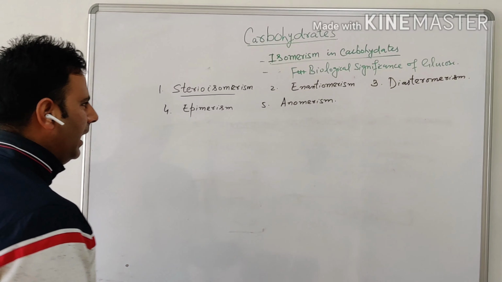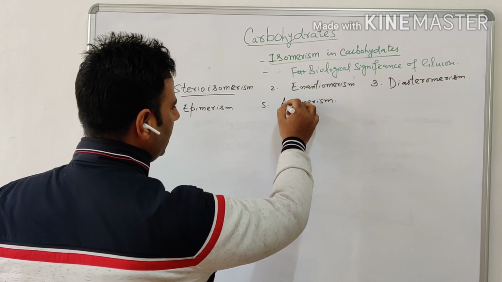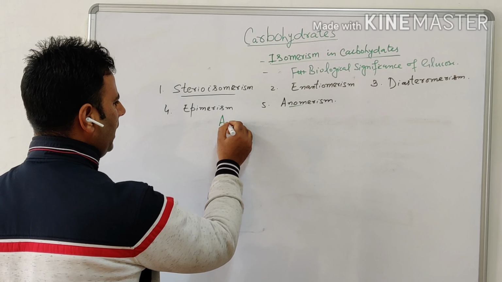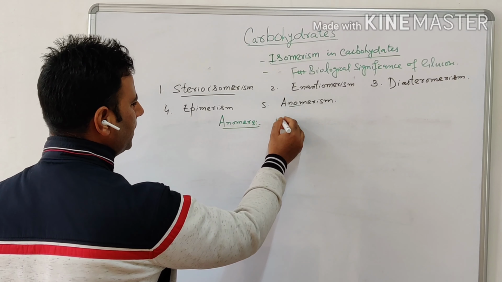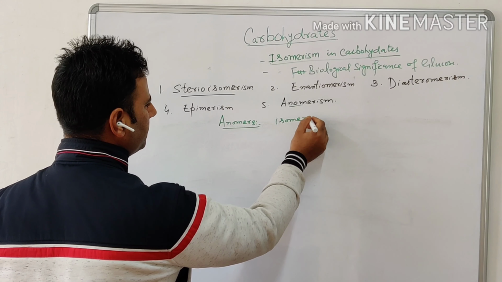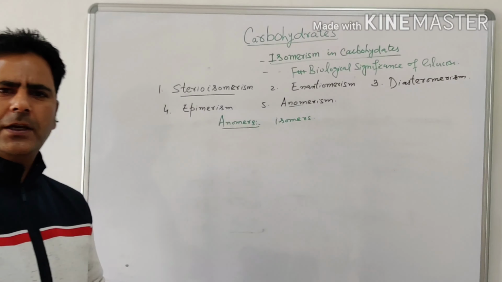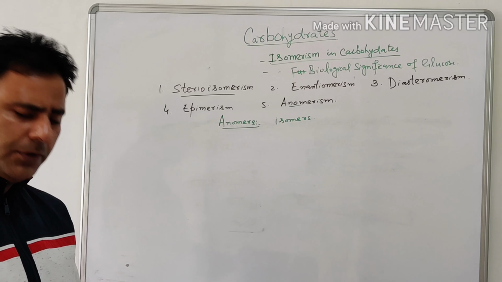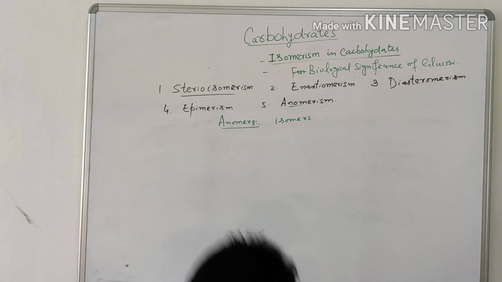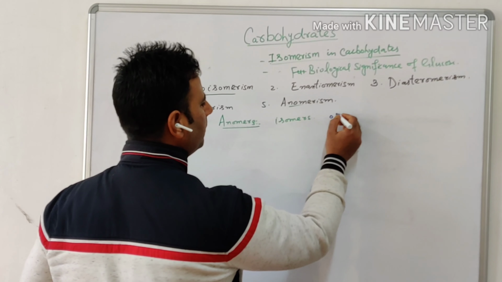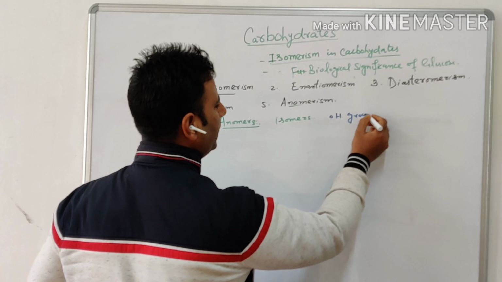What does this mean? Anomers are those isomers which differ in the configuration of the OH group.